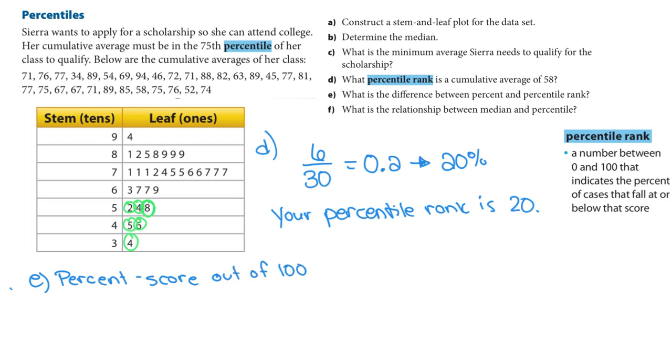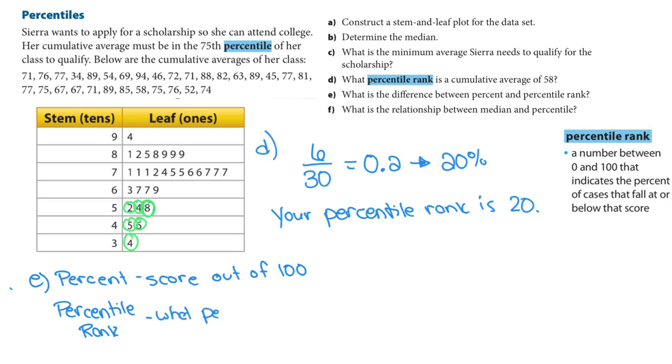Where the percentile rank, she's in the 75th percentile if she has an 81, is what percentage of students are below that score.